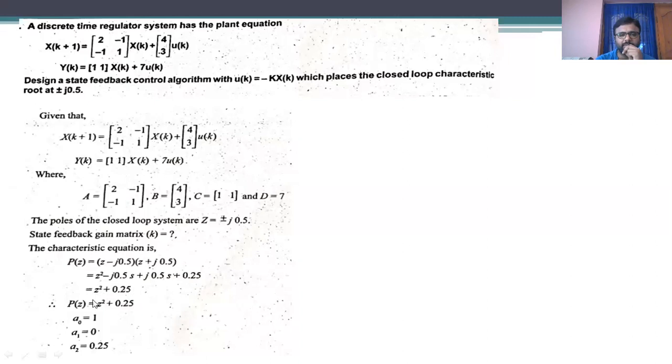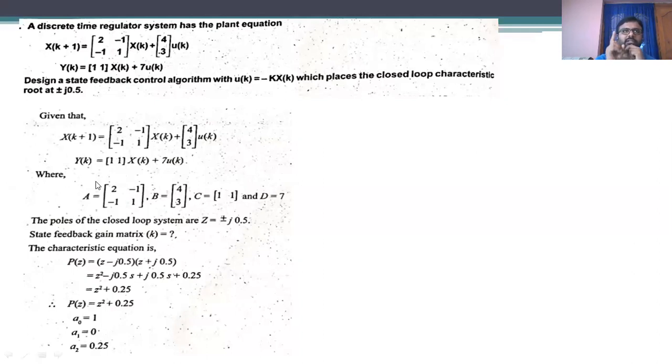From this characteristic equation, we are going to evaluate the elements: a0 is equal to 1, a1 is equal to 0 because the z term is not there, and a2 is equal to 0.25. The z square coefficient is 1, the z coefficient is not there, and the constant value is 0.25.